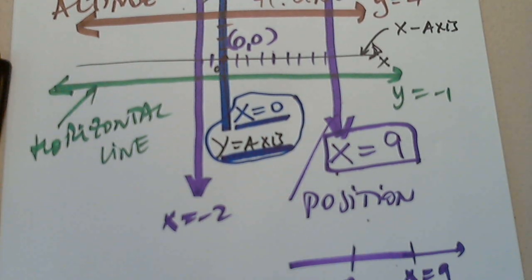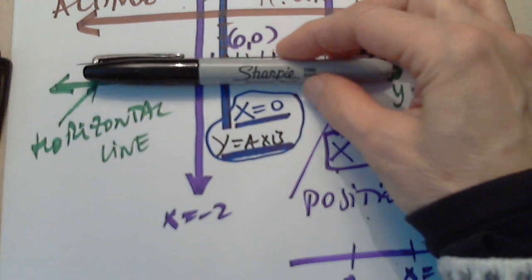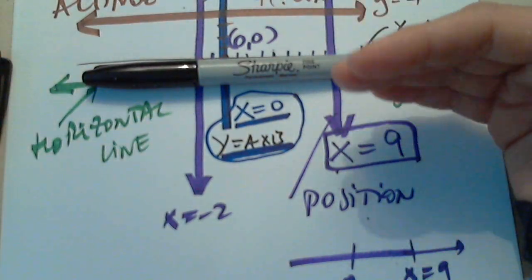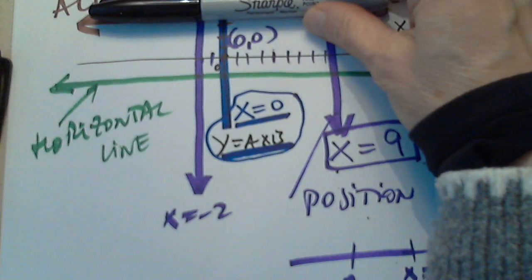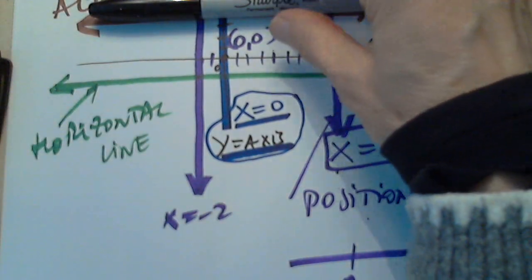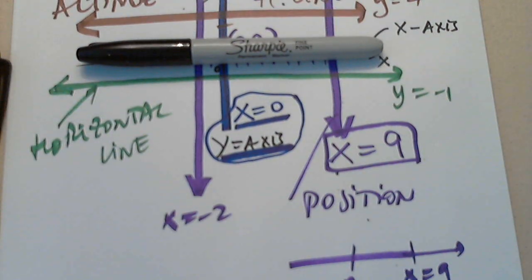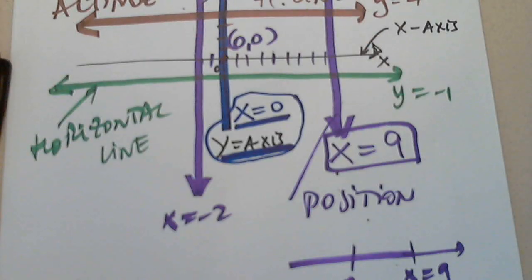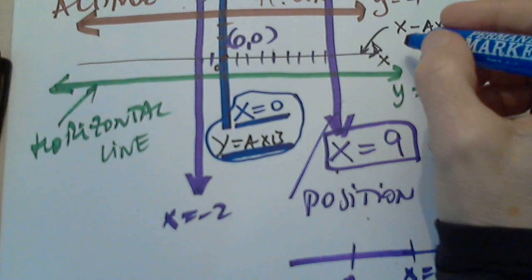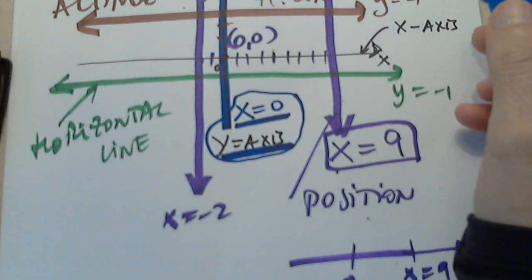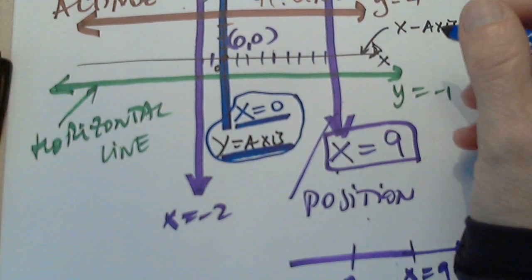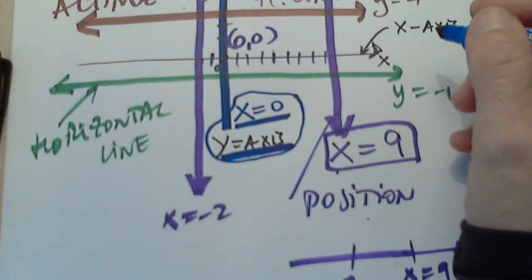Okay, now back to the altitude. If this is altitude y equals -1, and this is altitude y equals 4, can anyone give us the altitude here, which is the equation of the x-axis? 0. Not 0, that is just a number. X equals 0? No, x equals 0 is a vertical line.